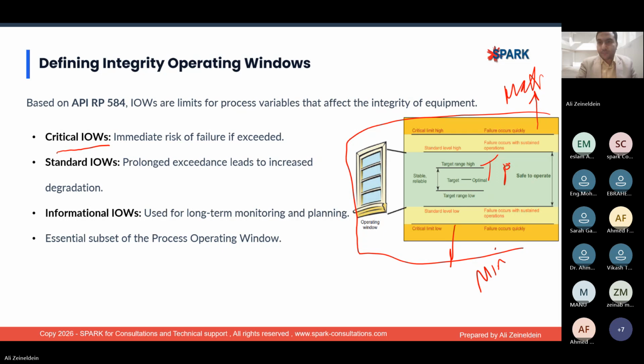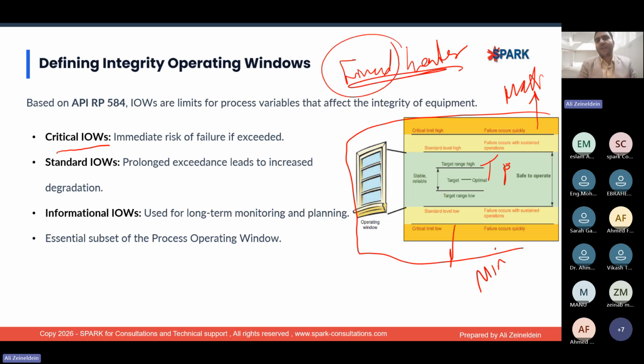Let us take an example. If we have a fired heater, the fire tube inside the fired heater is supposed to be exposed to a maximum temperature of, for example, 300 degrees Celsius.